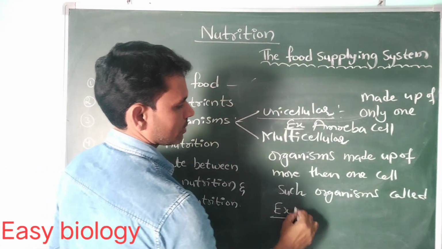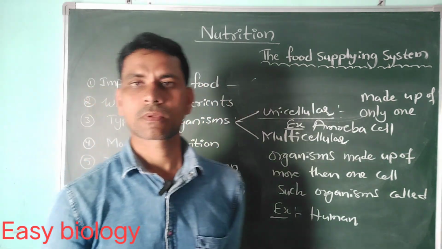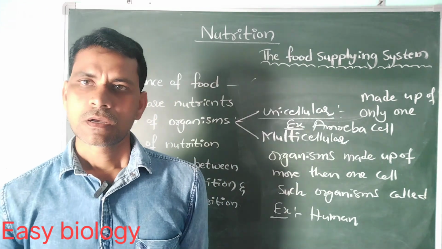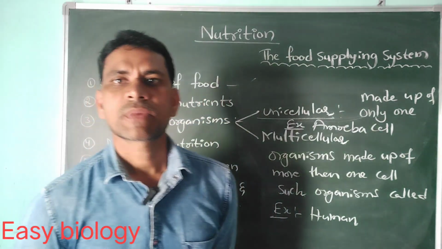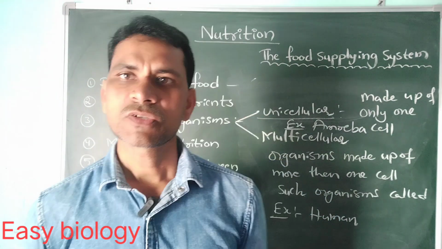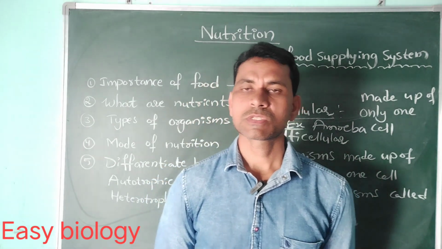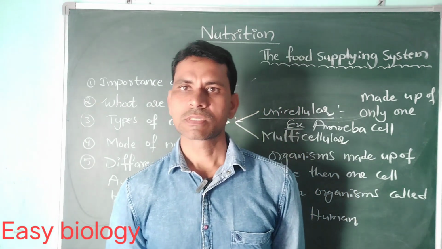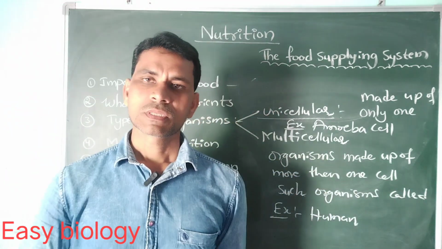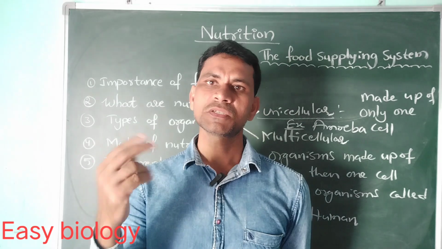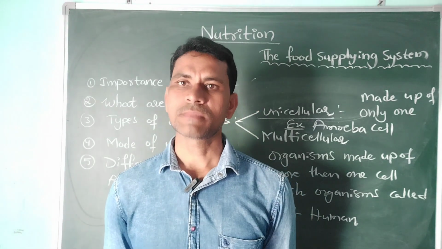Examples: we humans. Very simple, the difference between unicellular and multicellular. Our body is made up of trillions of cells. Multicellular means more than one: 2, 300, 1000, million, trillion.